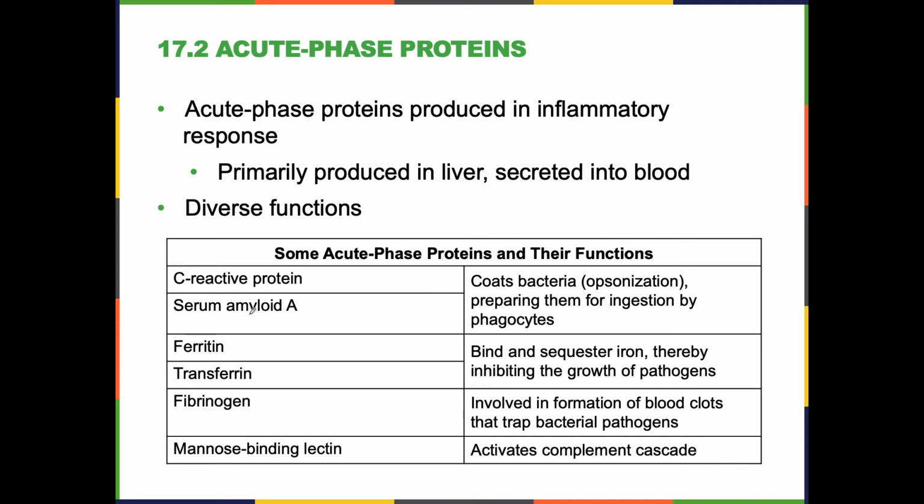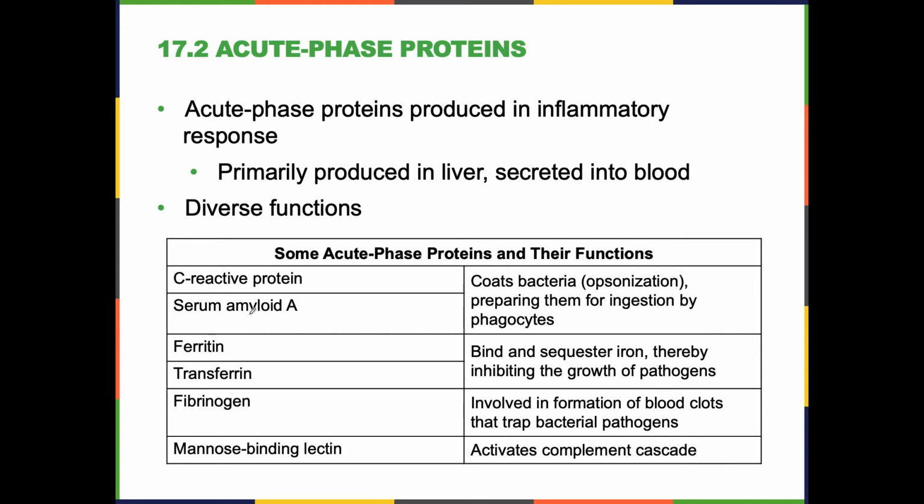So let's mention the acute phase proteins. These are all something to do with the inflammatory response. And we'll learn later that the inflammatory response is acute in that it's very rapid, very short-lived. These are primarily produced in the liver. And again, the function of these acute phase proteins, such a broad term, right? But basically acute phase means that these are proteins that are produced immediately in response to inflammation, all right?